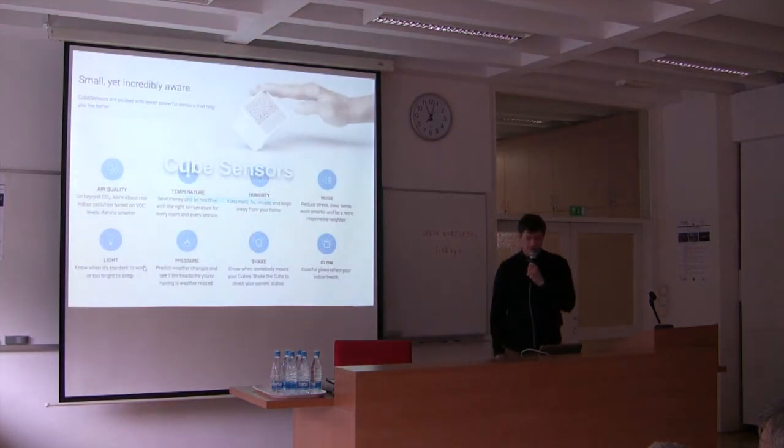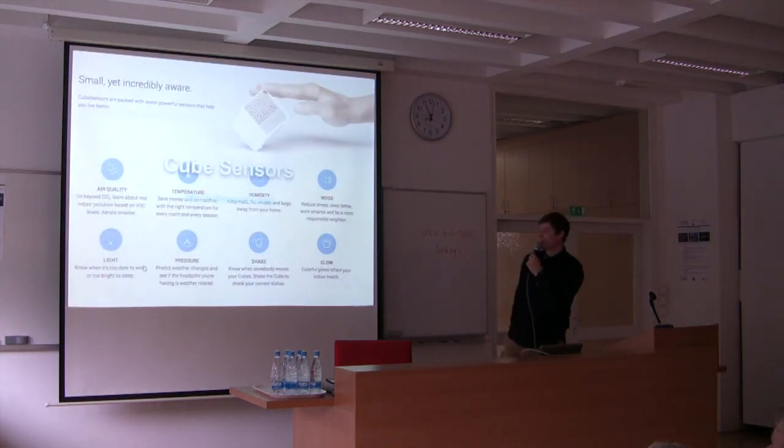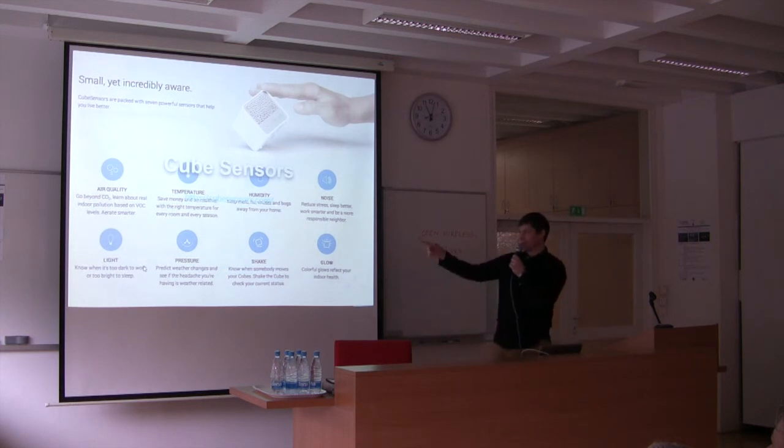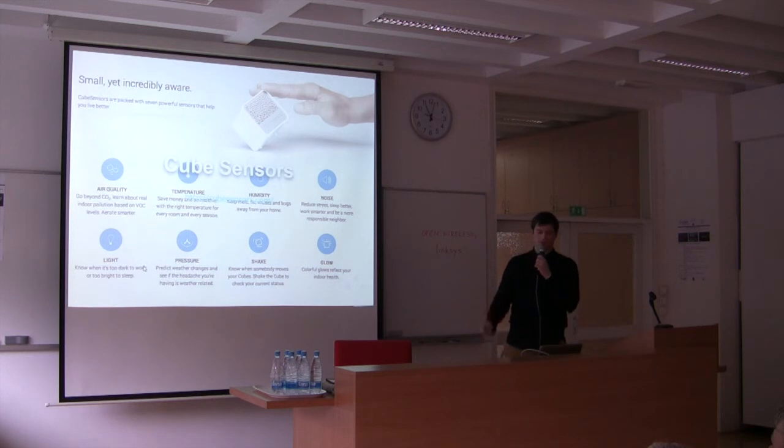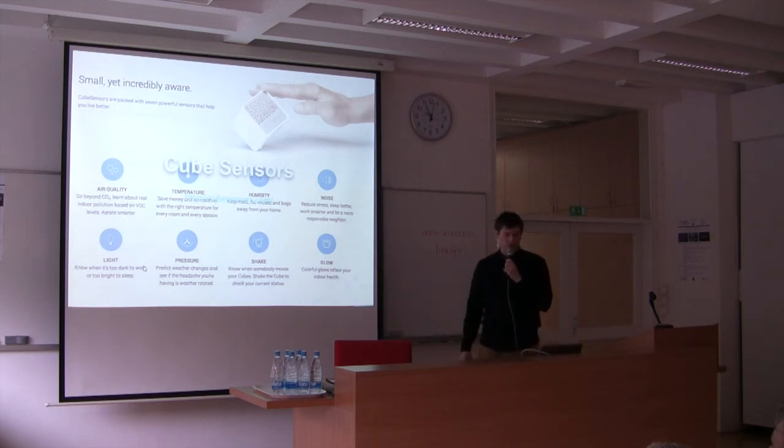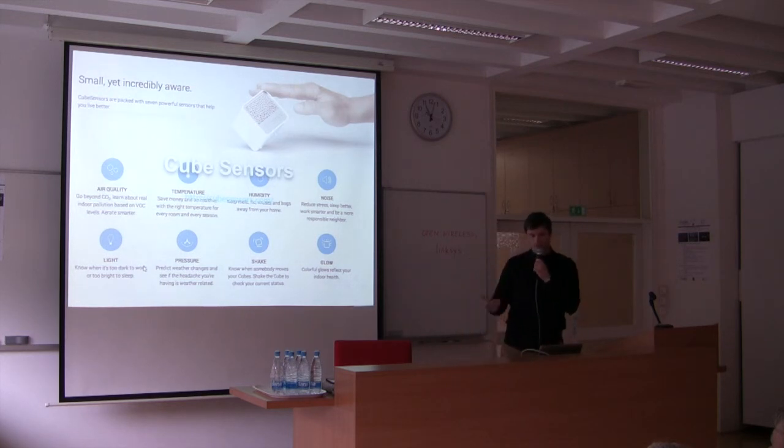The second one is, as I said, from Slovenia. These are those small cube sensors. They can measure the air quality, temperature, humidity, and they send you a notification when it goes out of range, to improve indoor living.